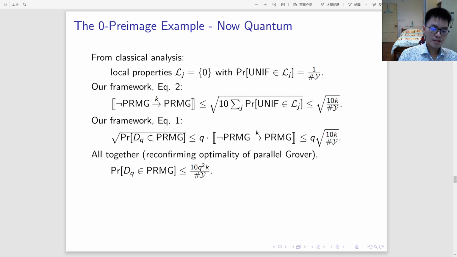And the transition capacities summing together will bound the desired square root probability. Putting things all together, we can now bound the database having a zero preimage with probability no more than 10q squared k over size of Y.